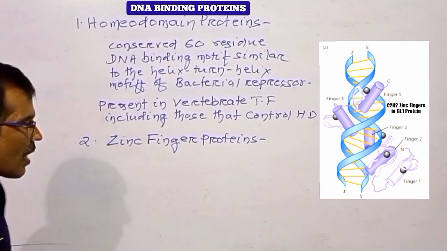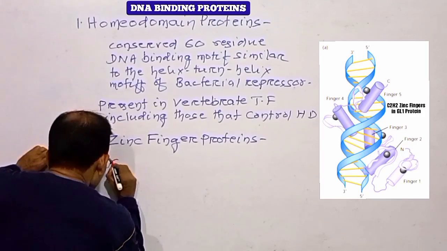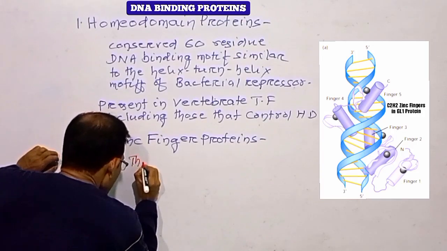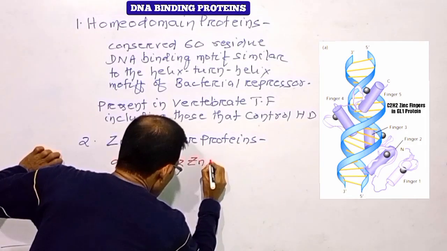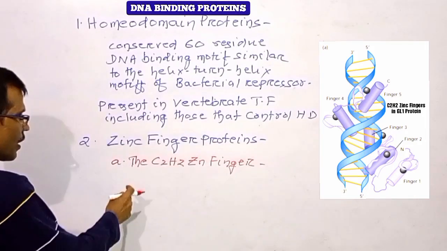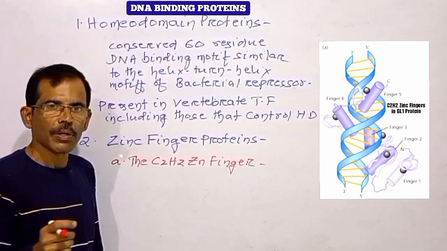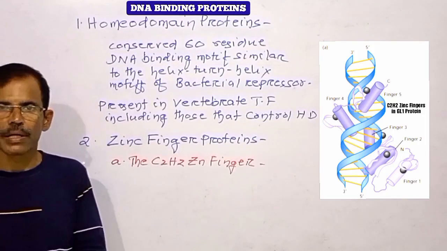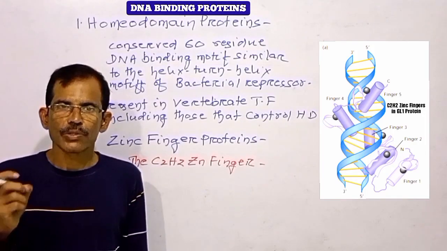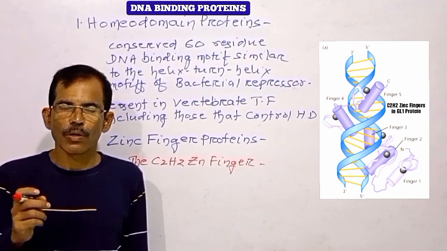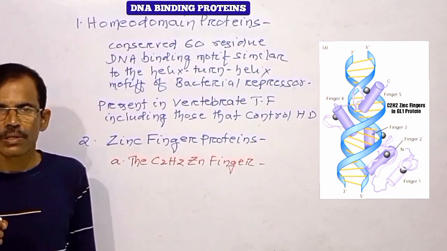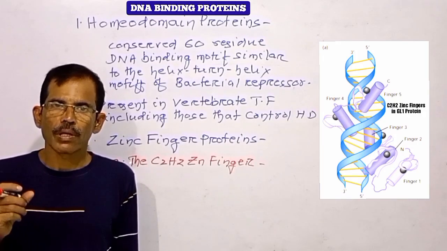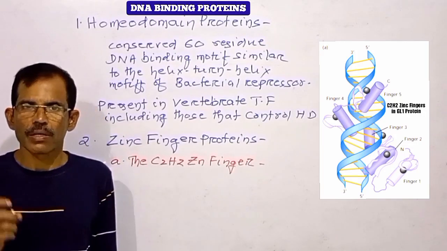There are different types of zinc finger. One is the C2H2 zinc finger. It is the most common DNA binding domain encoded in the genome of humans and also in the genome of multicellular animals. It is also common in multicellular plants.